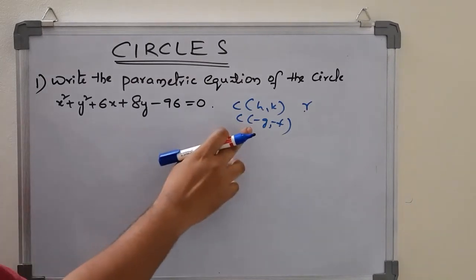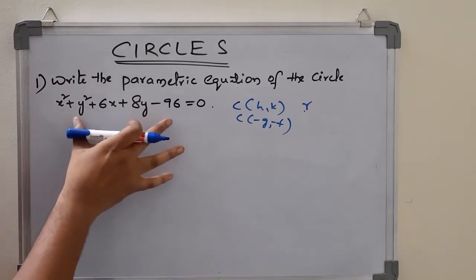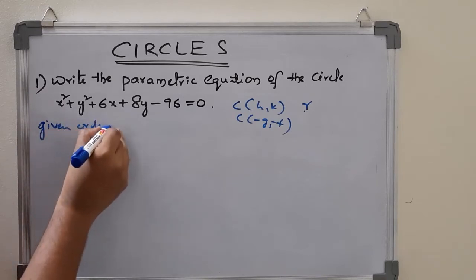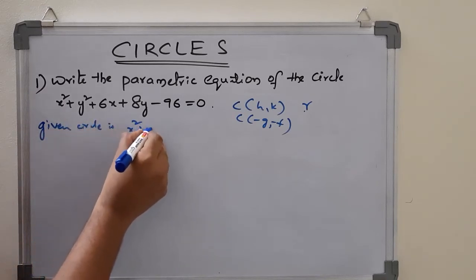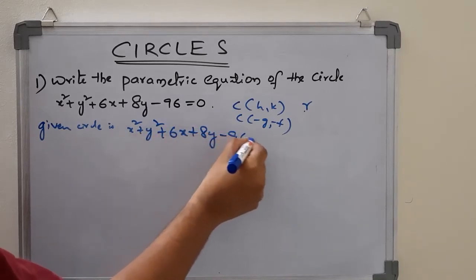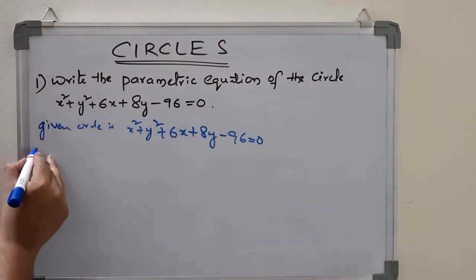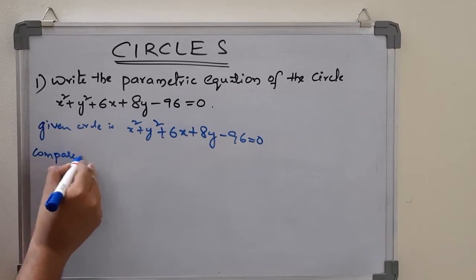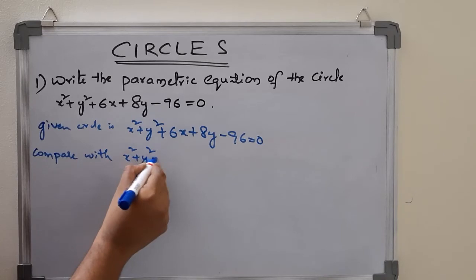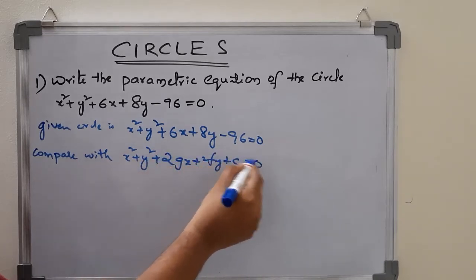In order to find the center of the given circle, we have to compare it. The given circle is x square plus y square plus 6x plus 8y minus 96 is equal to 0. Compare the given circle with x square plus y square plus 2gx plus 2fy plus c is equal to 0.